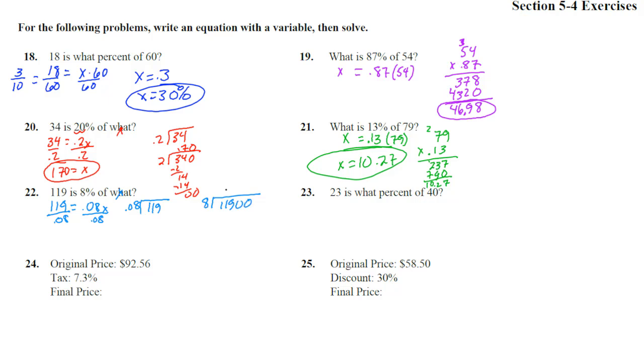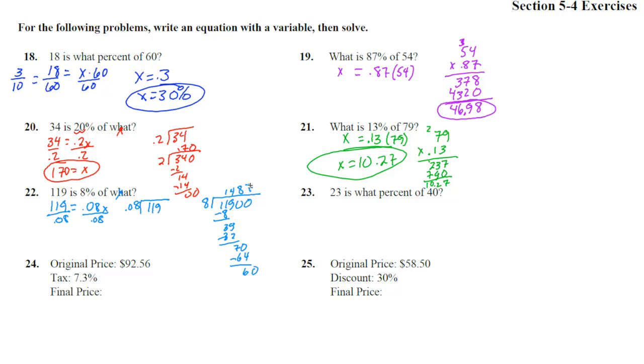So 8 goes into 11 one time. Subtract, and we get 39. 8 goes into 39 4 times. 4 times 8 is a 32. Subtract. 70. That'll be 8 times. 8 times 8 is 64. Subtract, and we get a 6. Drop down the 0.